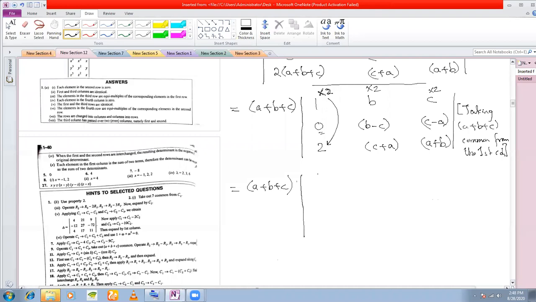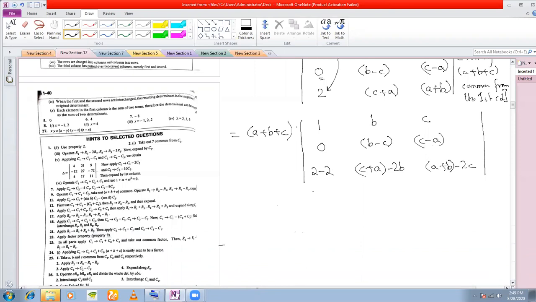This column remains as it is because I'm multiplying only in my mind. So I get 2 minus 2, c plus a minus 2b, and a plus b minus 2c. Right or wrong?